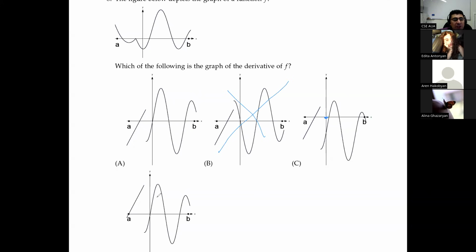For A and B, the derivative passes through the origin, which is not the case for graph number C. And at the 0 point, we actually have an extrema point. An extrema point should be a critical point, right? The derivative should be 0. Not the case here. So we can eliminate statement C.